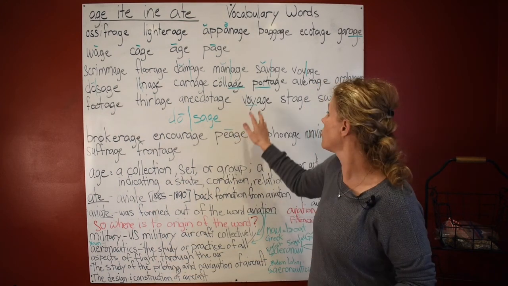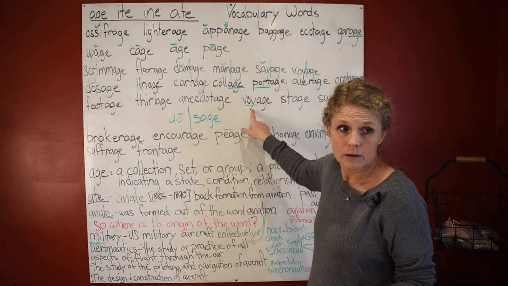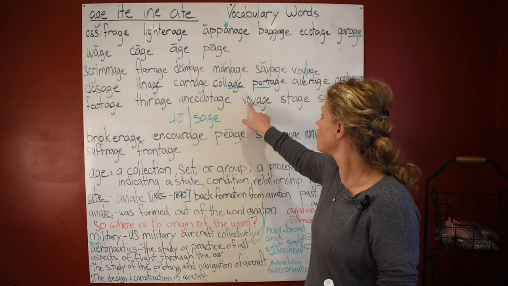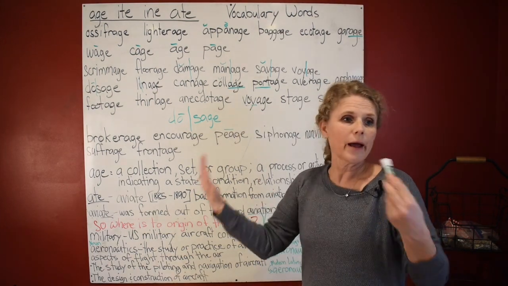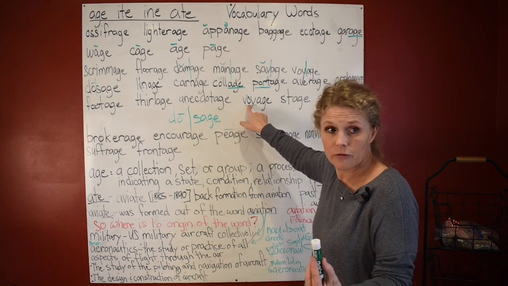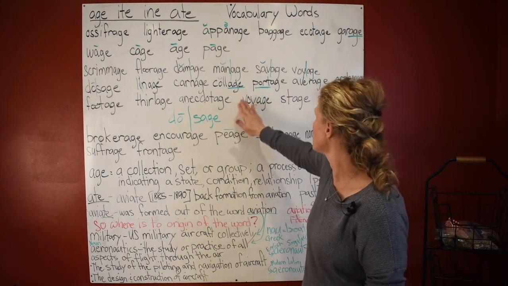Now the spelling rule, when we add on to this, do we change this Y? No, because it's a vowel team. If you have a vowel right here in front of your Y, you don't change the Y. So as a rule, you could say you don't change vowel teams, but it's also important to say if you have a vowel right here, then you don't change the Y when you're adding on your vowel suffix.